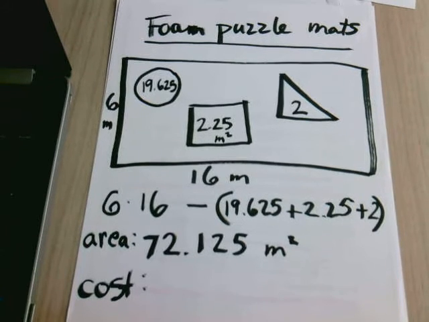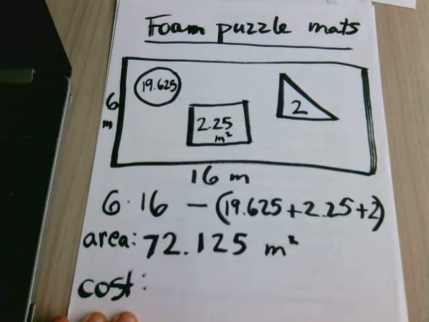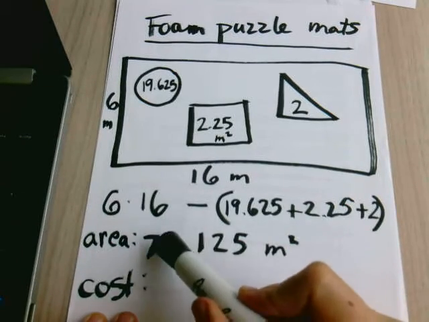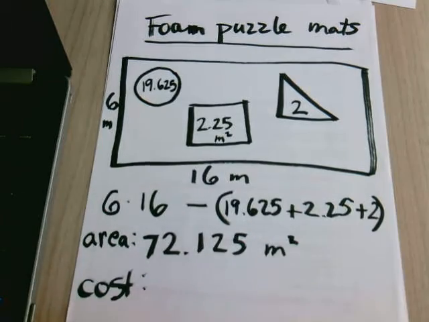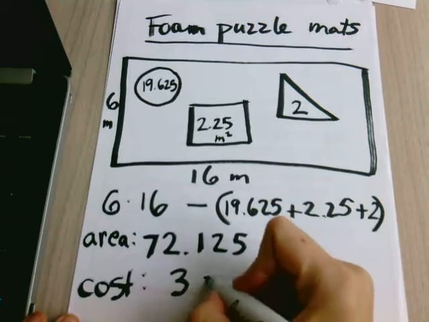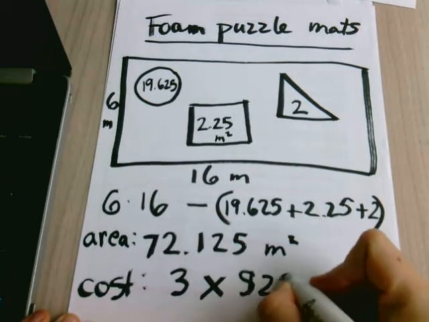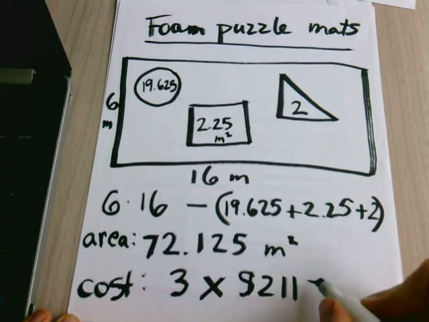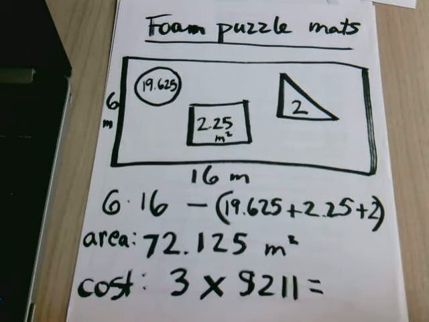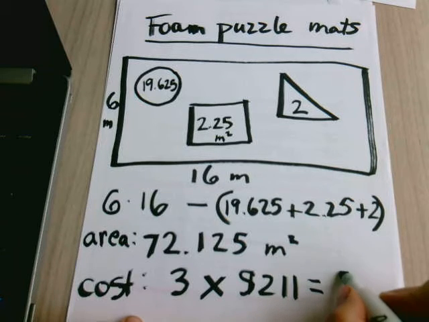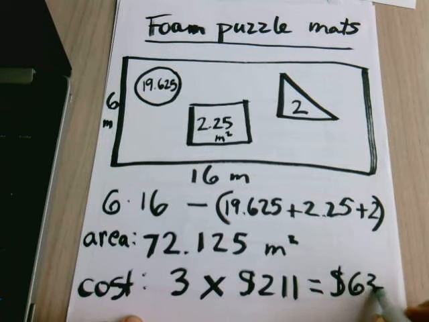So if they're sold in packs of 25, then we're going to need 3 packs, because 3 packs of 25 will give us 75 pieces of the mat, and 75 pieces will be more than enough to cover 72.125 square meters. Okay, so if we need 3 packs, that's going to be 3 times $211. And 3 times $211 is $633.